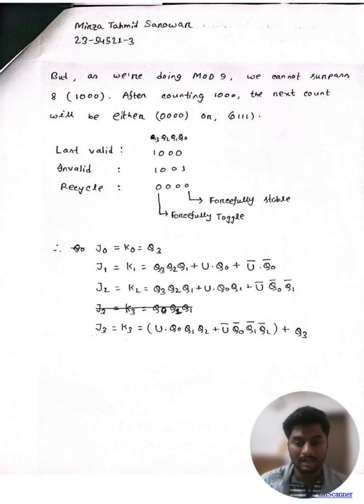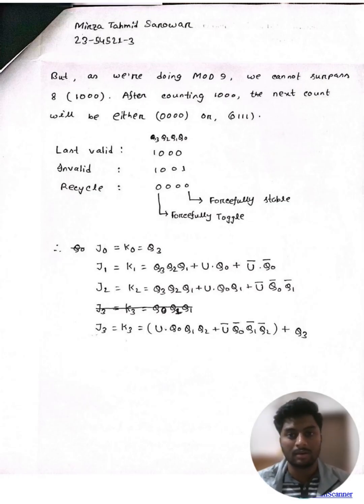Since the counter is synchronous, all state transitions happen at the same clock edge, and these equations guarantee correctness of carry and borrow operations. So this will be the end of our first question, and we will be moving forward to our next question now.